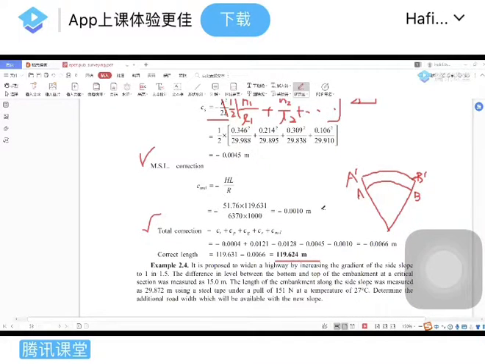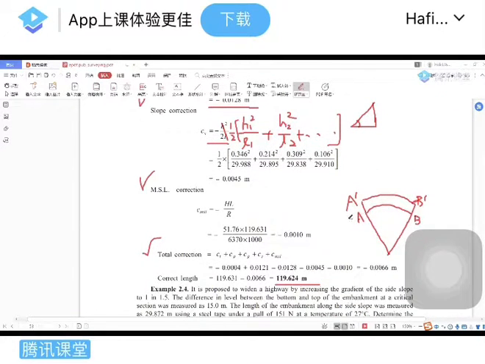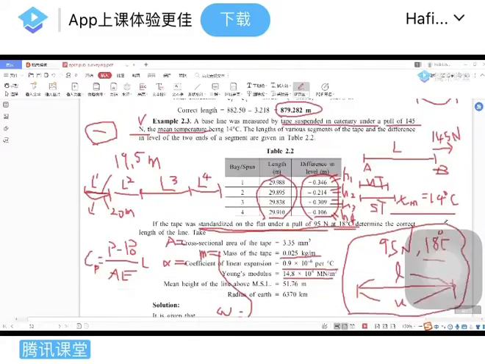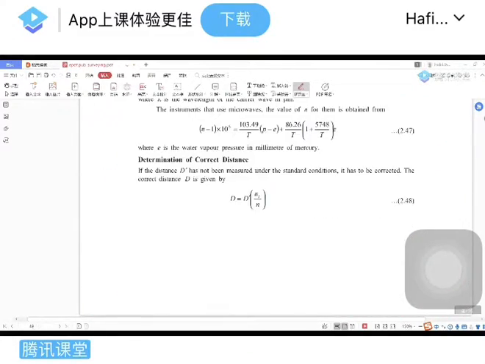Let's go back to the textbook and the main body, and take a look at how to make this kind of correction. The idea is very simple, but I want to use his notation, so I go back to the mean sea level.